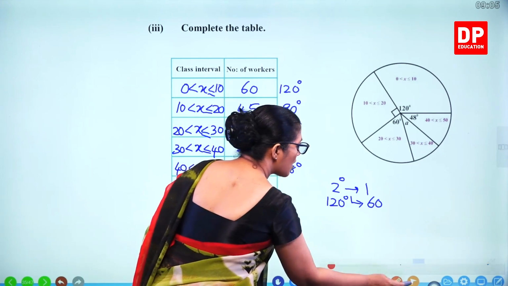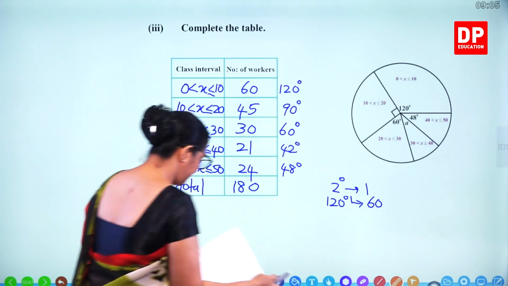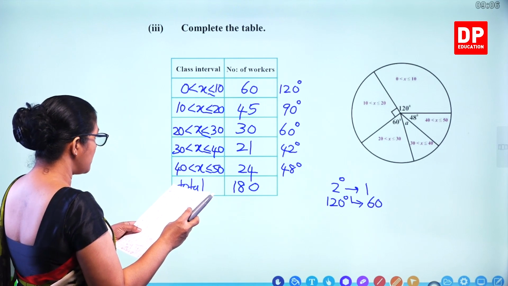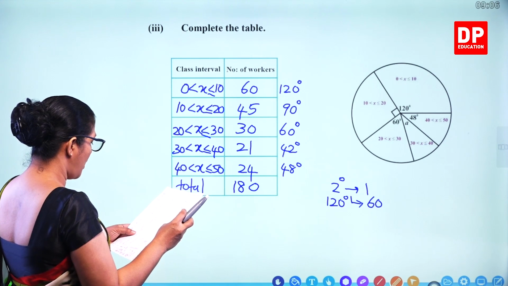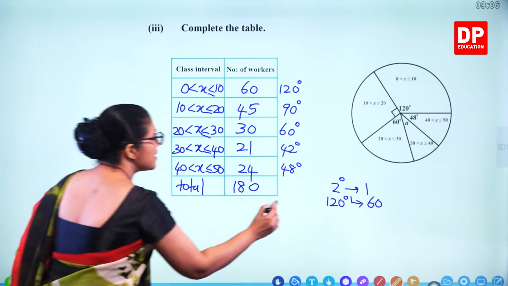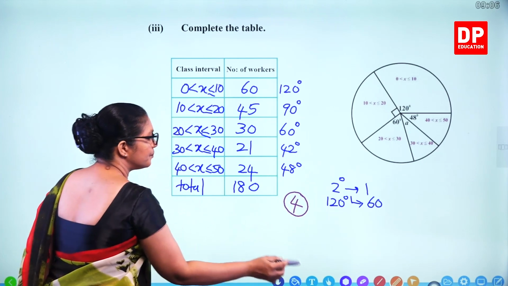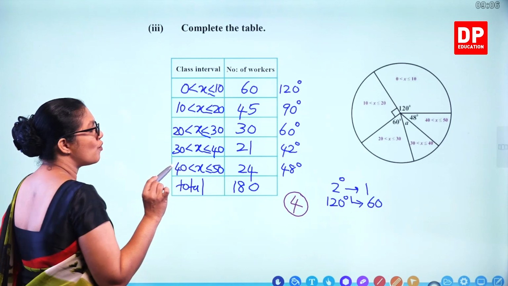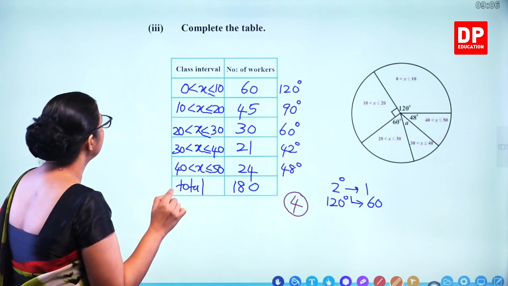So how many marks for constructing this table? So you are getting 30, 21, 24, 180. So that's 4 marks for creating this table. So we gave 2 marks. So 4 and 2, 6.